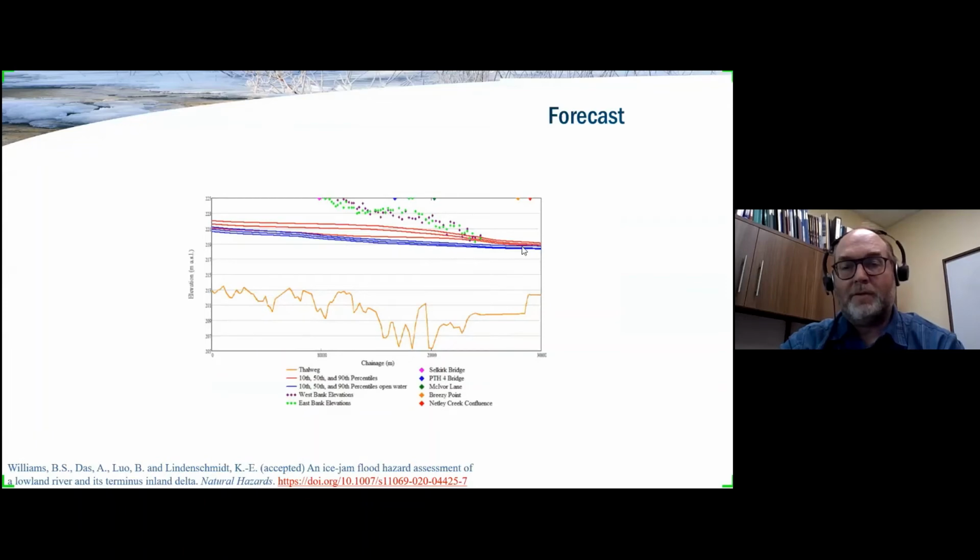Manitoba Infrastructure also likes to have us do the ensembles without ice, just to see what the open water conditions would be, and also to see what the increase in staging is due to ice jamming and ice processes.